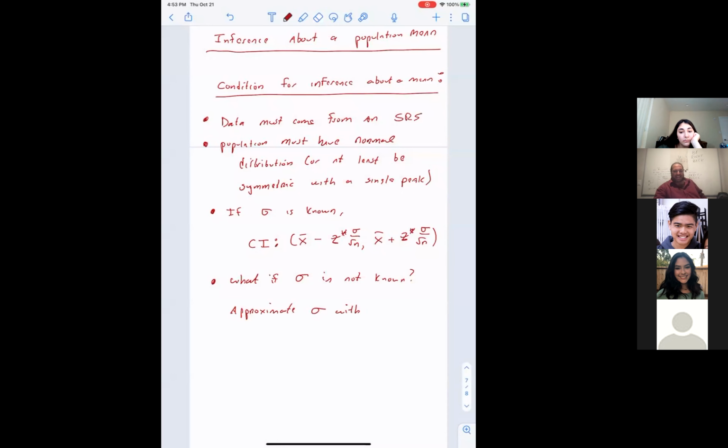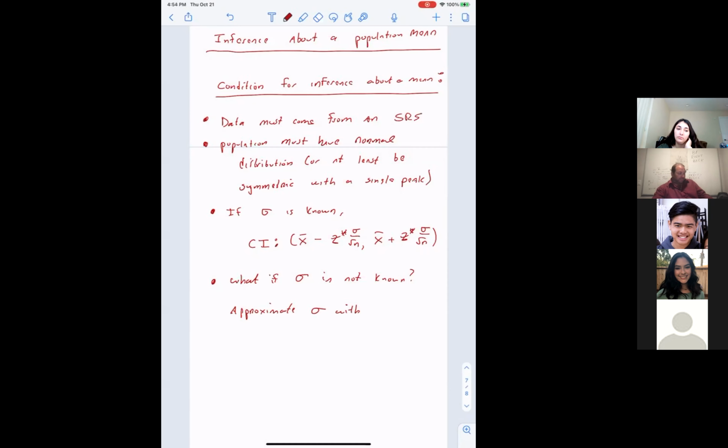The mean is not the best approximation of the population standard deviation, because the mean is just the average. Standard deviation is more of a spread. No, and it's just the sample size. The sample size, again, doesn't approximate the spread. It just tells us how large the sample is.